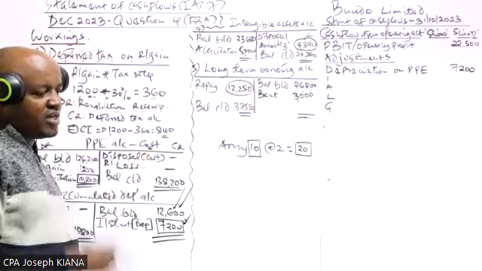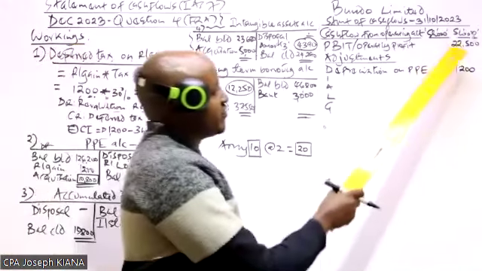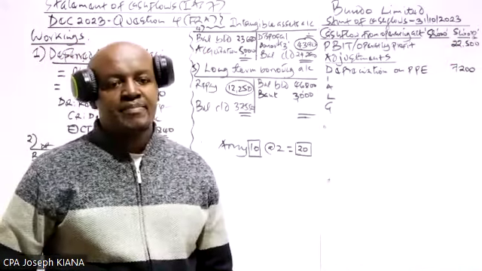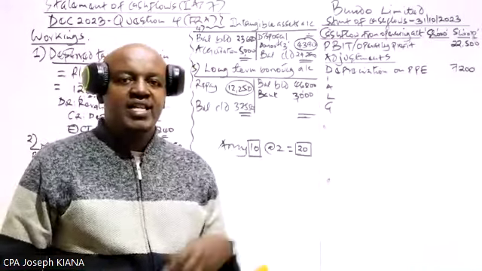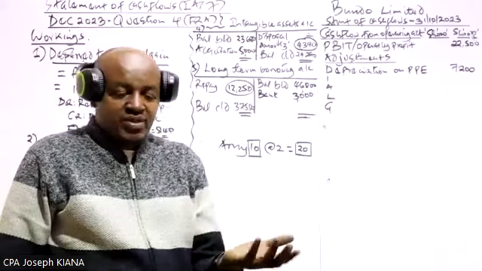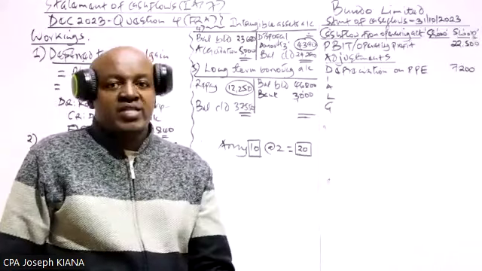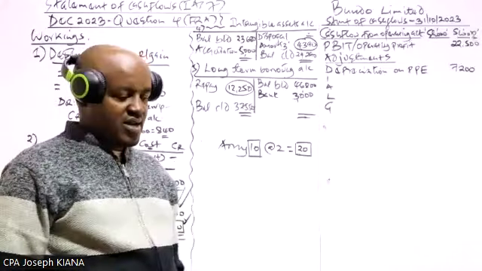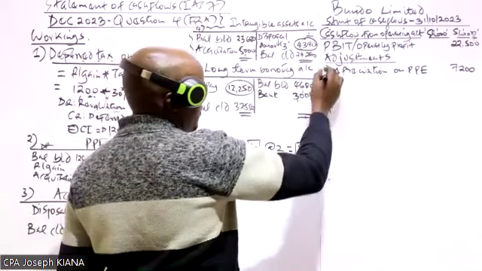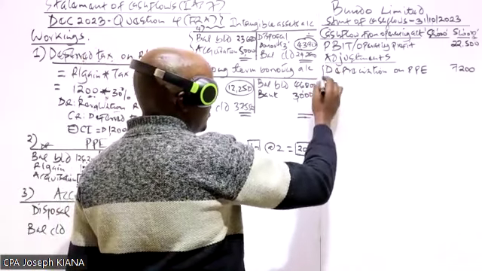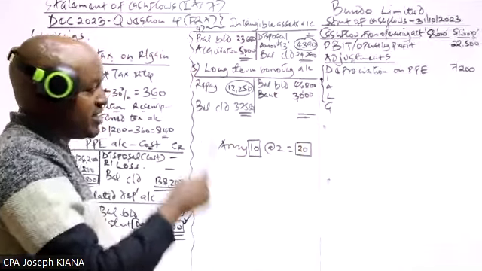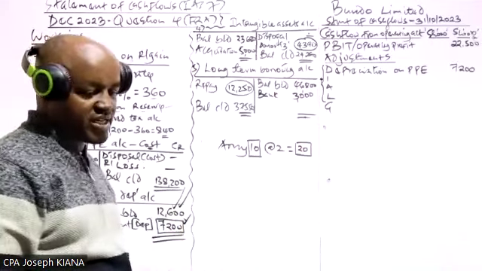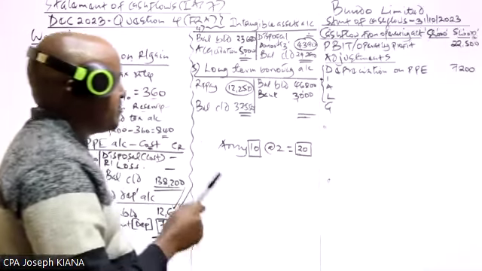Is because in arriving at this particular profit here of 22,500, the company had deducted this depreciation, but we know depreciation is a non-cash item. This was accounted for as an expense, but did it result in cash outflow? No. Add it back. Actually, these 4 items here, you add them back to the profit, because in arriving at that profit, they were deducted, but they do not give rise to cash outflow. So that is the first item, depreciation.